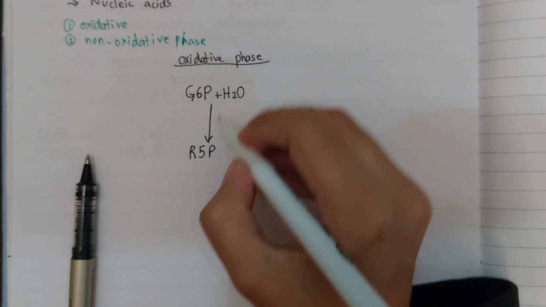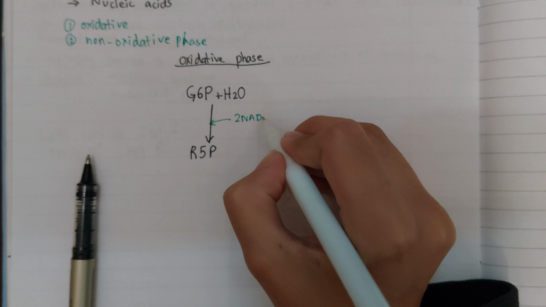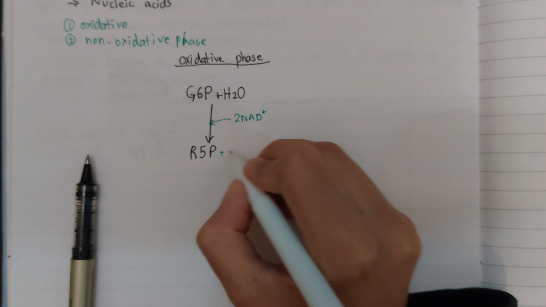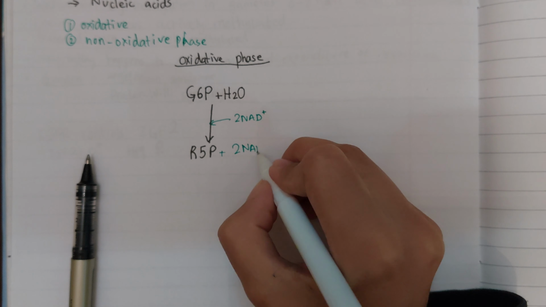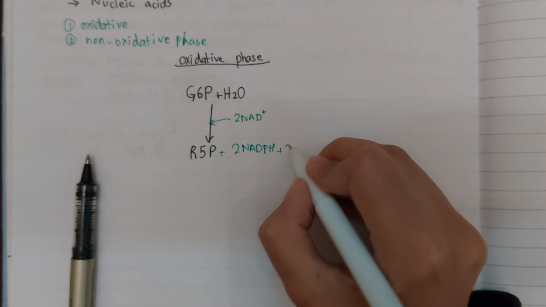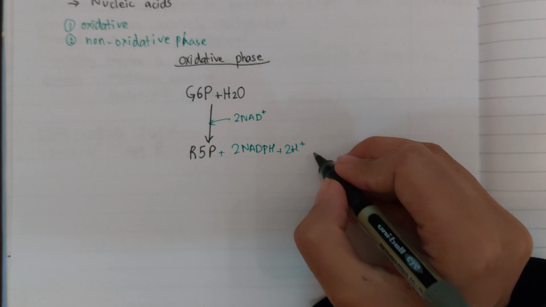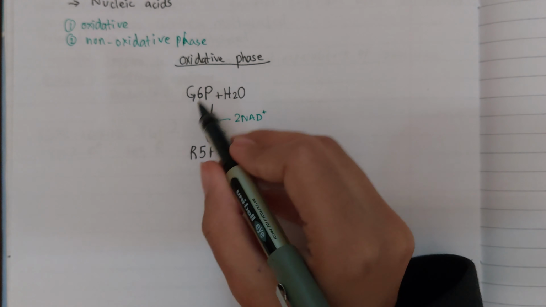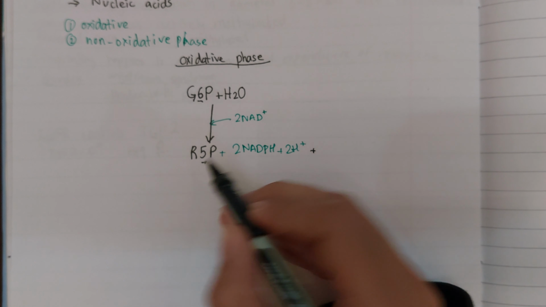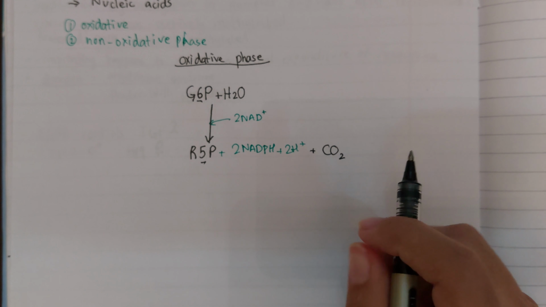Here, two molecules of NADPH are produced, along with a molecule of carbon dioxide, because this has 6 carbons and this has 5 carbons, so a molecule of CO2 has been released.